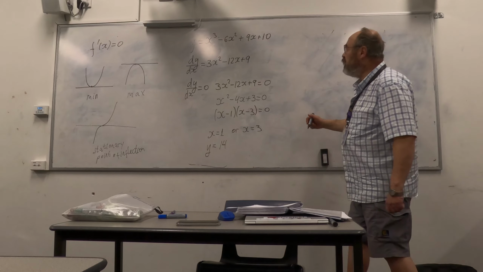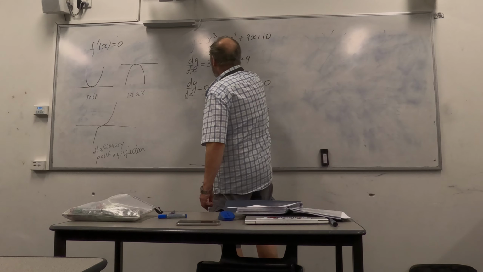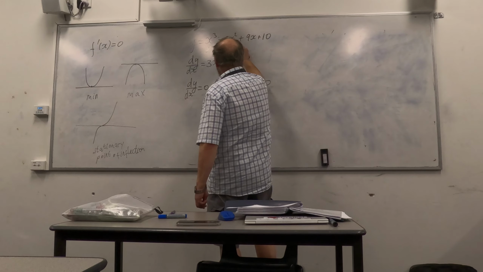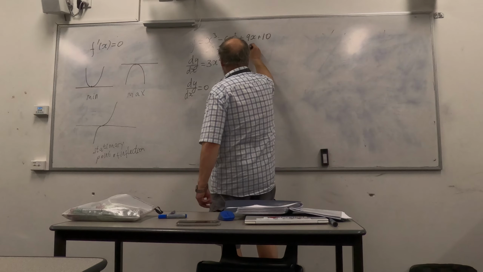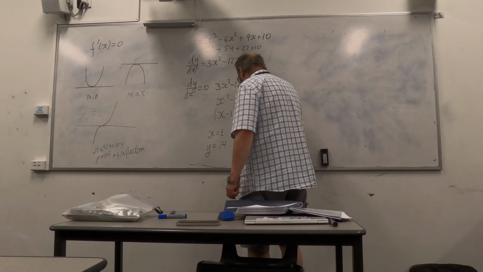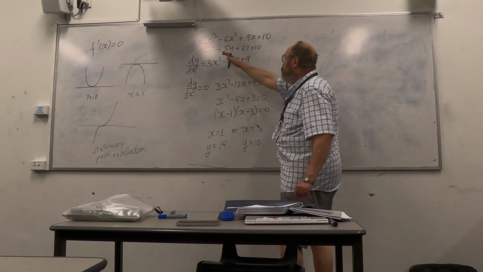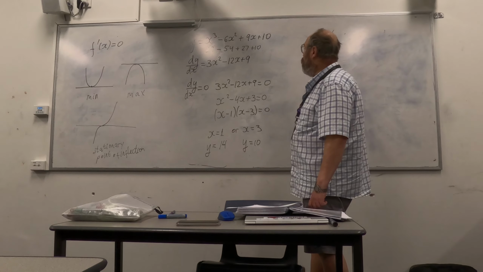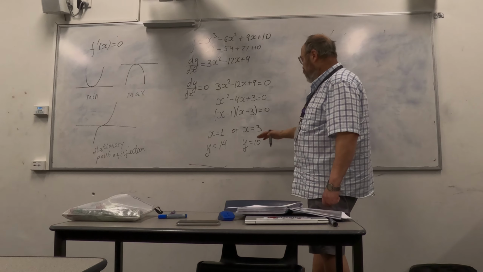Substitute 3: 27 minus 6 times 9, which is 54, plus 27 plus 10, so y equals 10.